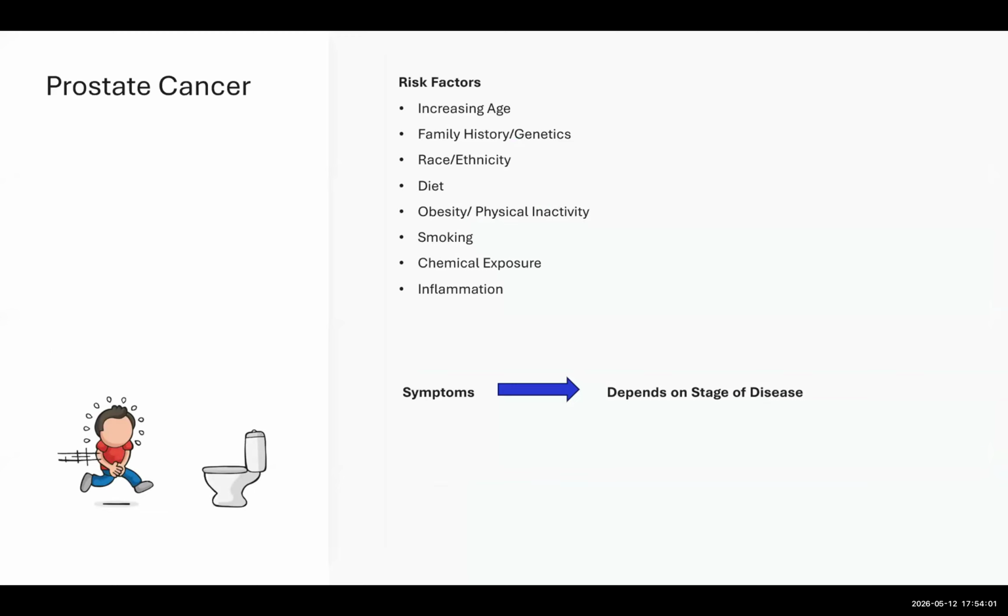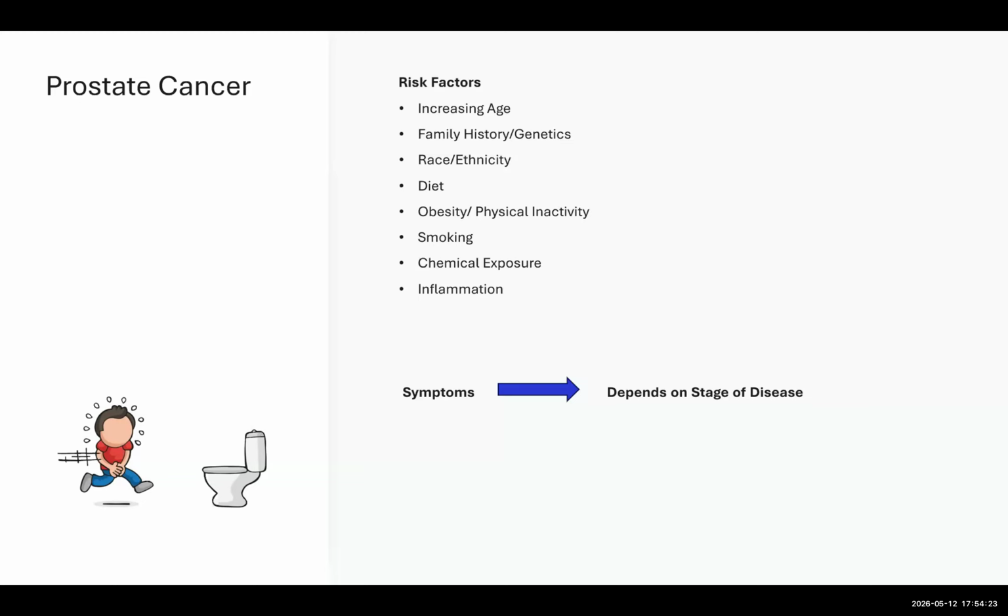As age increases, men greater than 50 tend to have an increased risk of getting prostate cancer. With a family history, if you have a first-degree relative, so a brother or father, you have increased risk. And with genetics, people who have the BRCA gene or Lynch syndrome are generally at a higher risk. Race and ethnicity is where the Caribbean actually comes in.